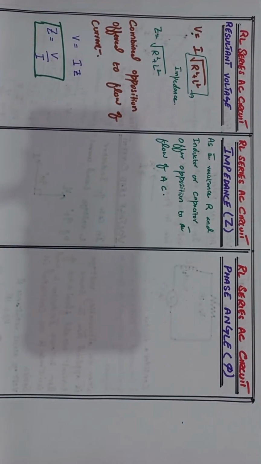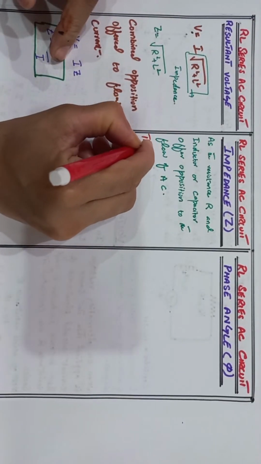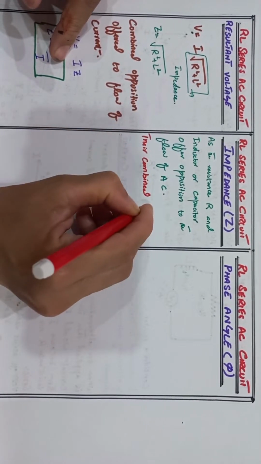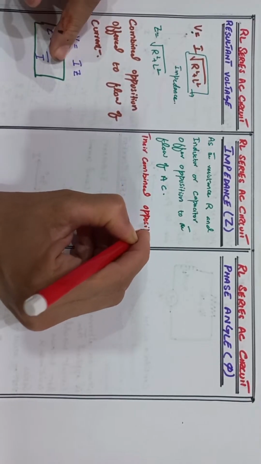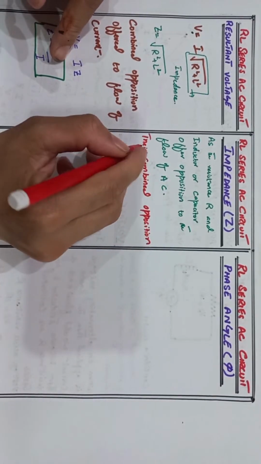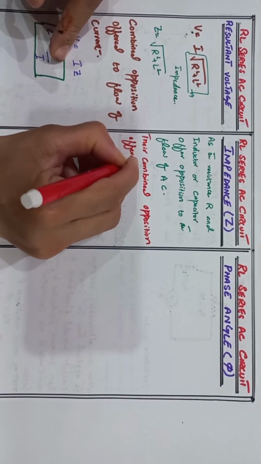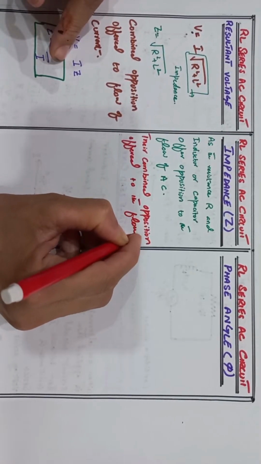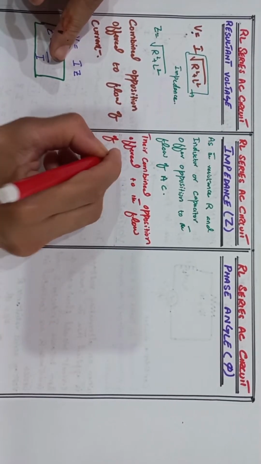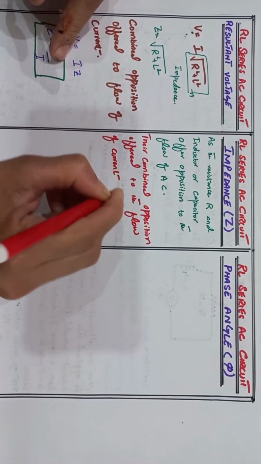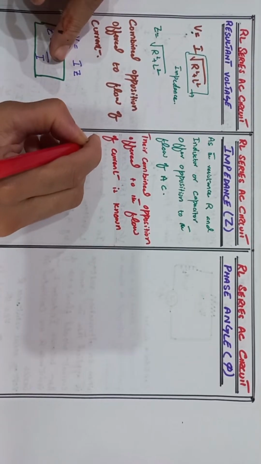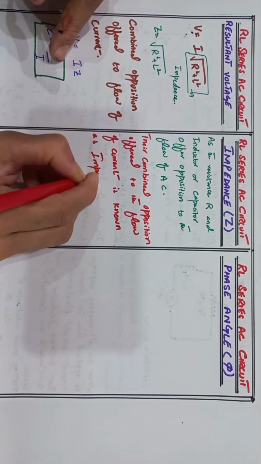Okay, we know that their combined opposition offered to the flow of current is known as impedance.